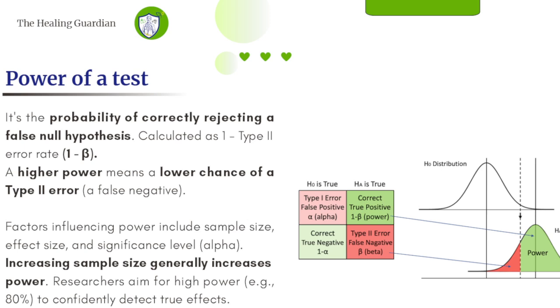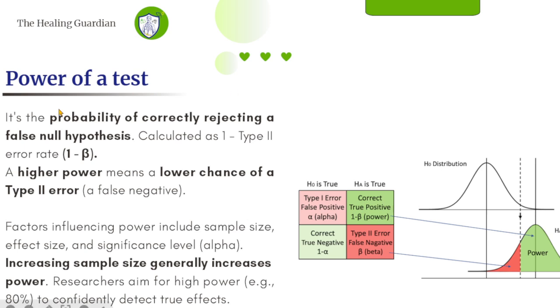So in other words, it gives you the probability of getting your desired result if the null hypothesis is wrong. How it is calculated, you get 1 minus the type 2 error. Remember we talked about the type 2 error. Type 2 error is about false negative. Type 1 error is about false positive.